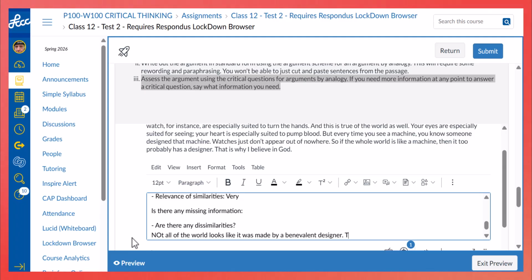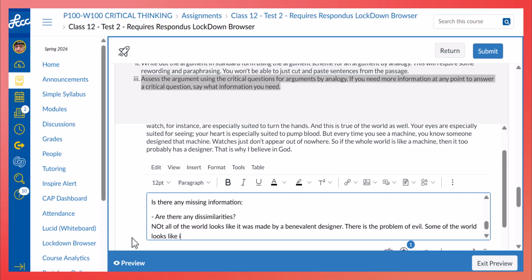There is the problem of evil. Some of the world looks like it was made by a sadist. Why does evil exist? Why are there diseases that kill children?